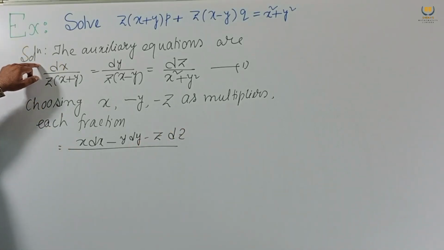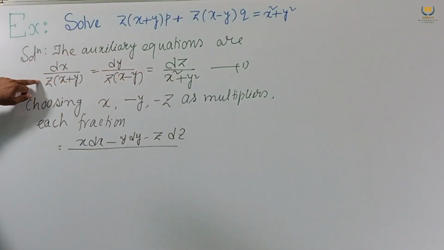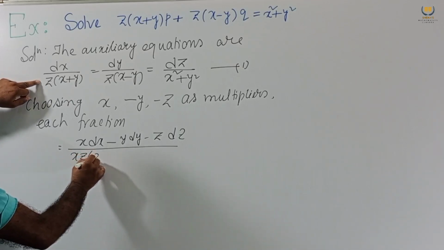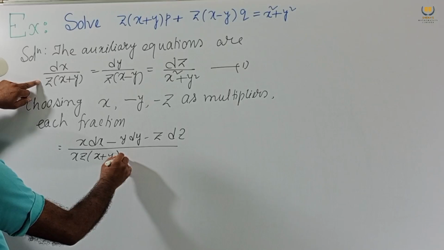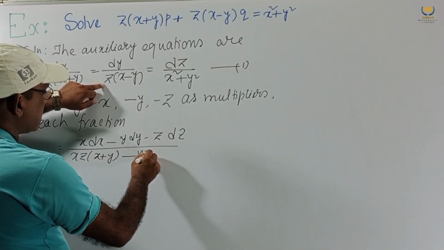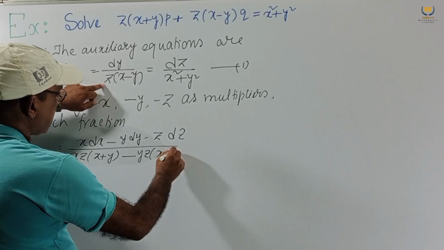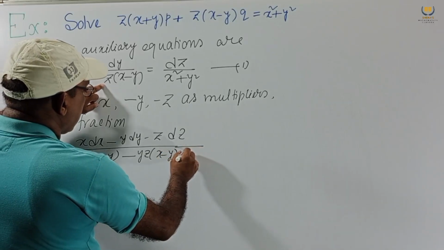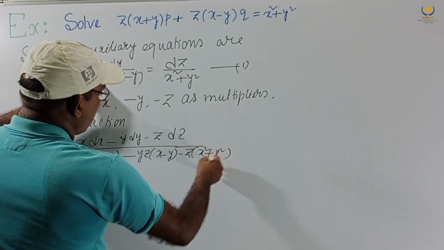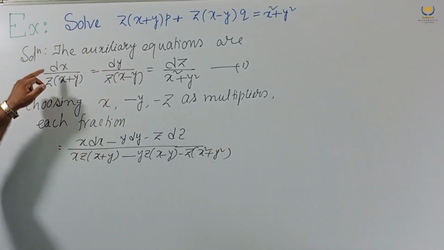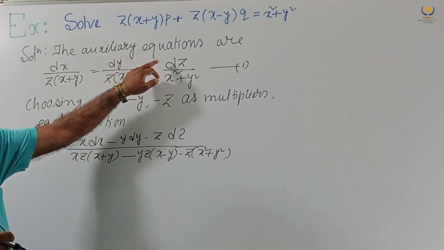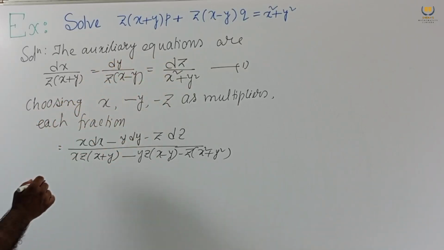We multiply this one by x, this by y, this by z. Here also multiplying by x: z x plus y, minus y z x minus y, minus z x square plus y square. We multiply the numerator by x, y, z, and here also the same.